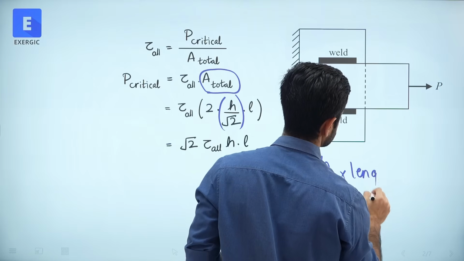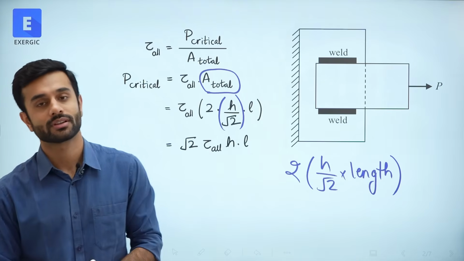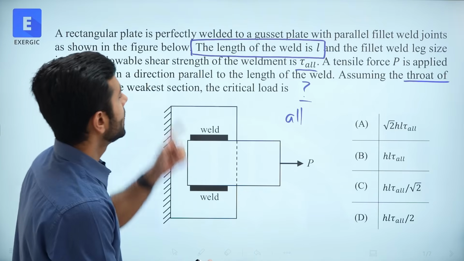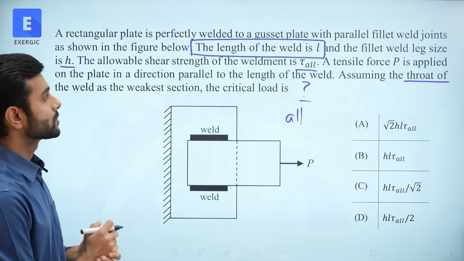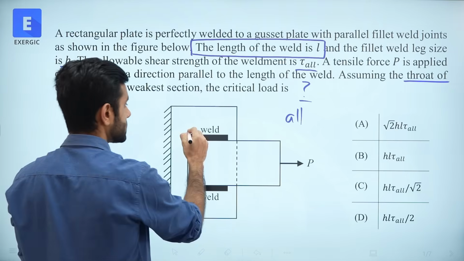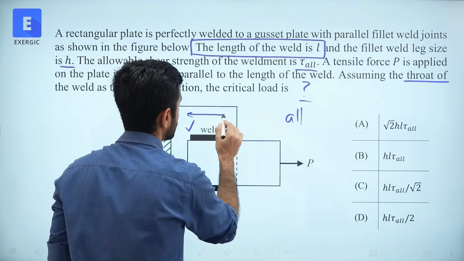And now is the point where students are having a confusion. The question has given you the length of the weld as L. So is this length the combined length, this length plus this length, or is it the single length, this much or this much?